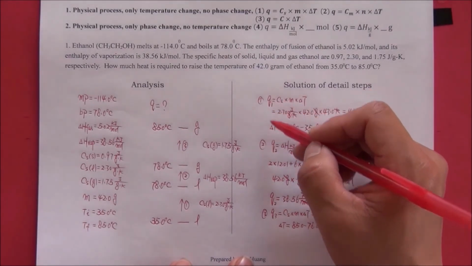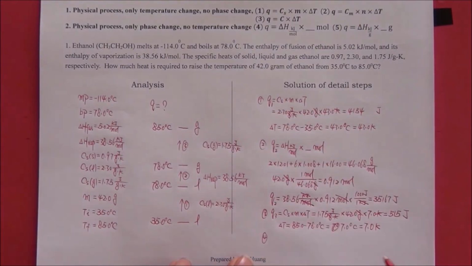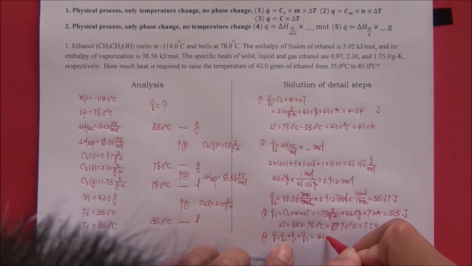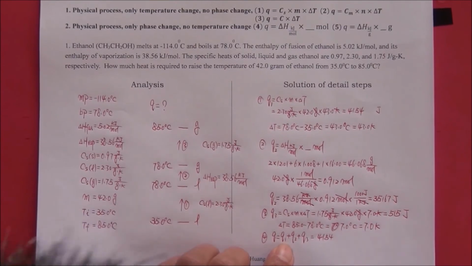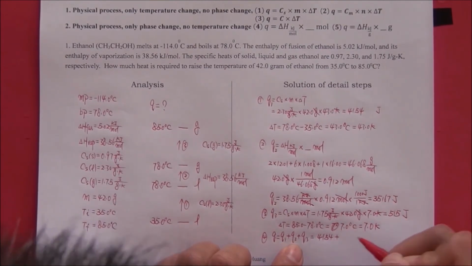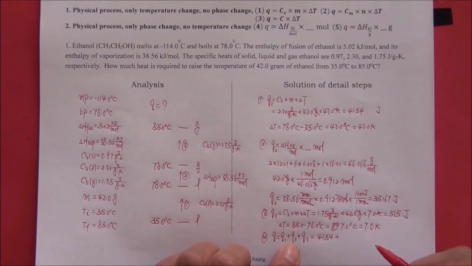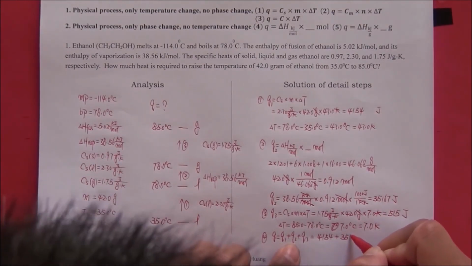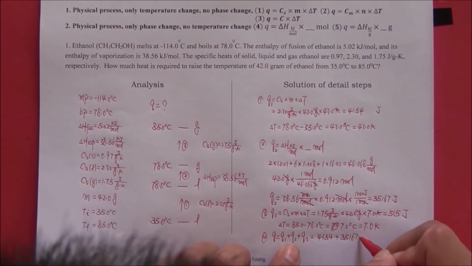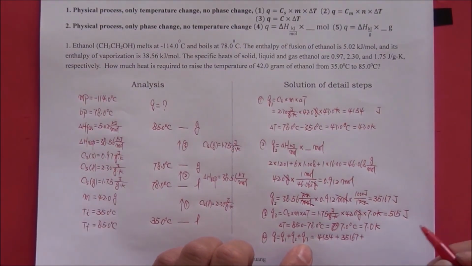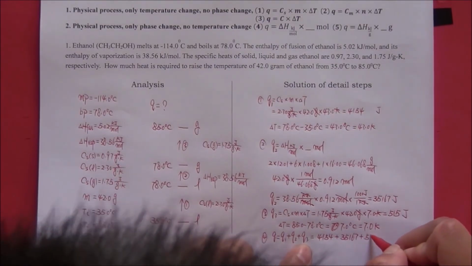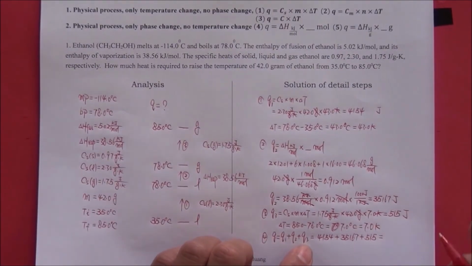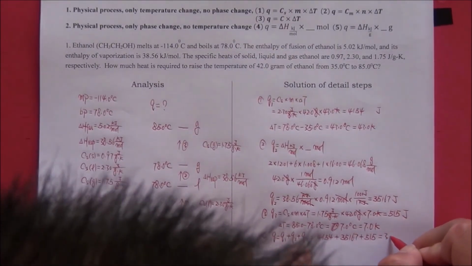To calculate the heat of the entire process, we need to add the heat of 3 steps together. The heat for step 1 is 4,154 joules, plus the heat for the second step is 35,167 joules, plus the heat for the third step is 515 joules.